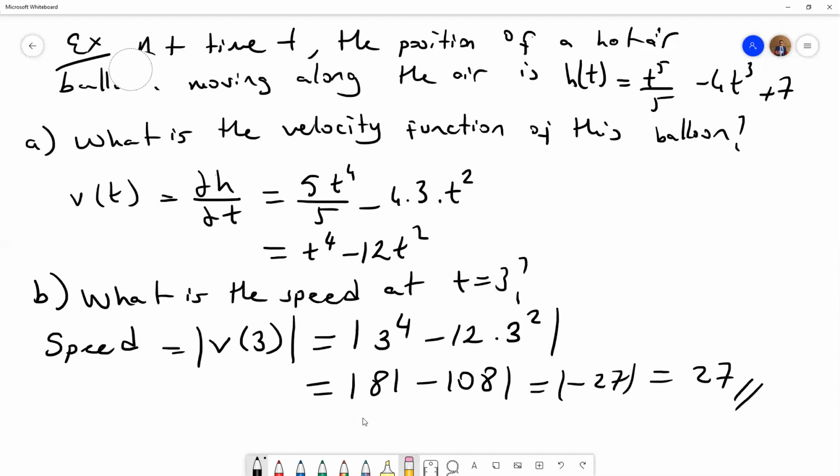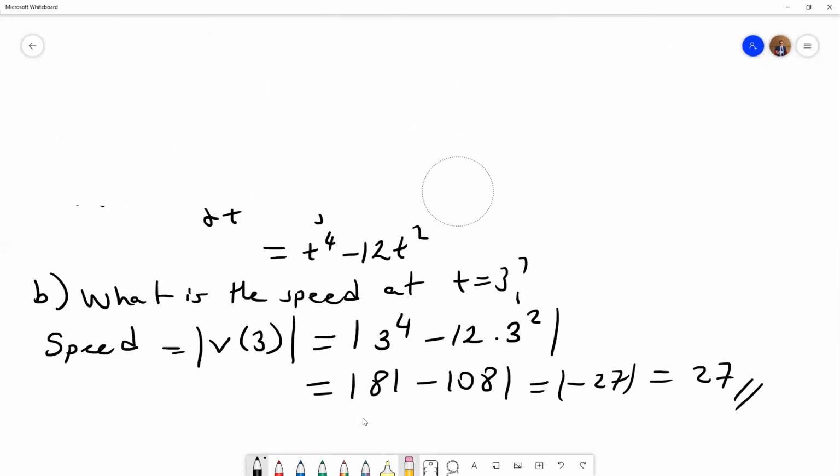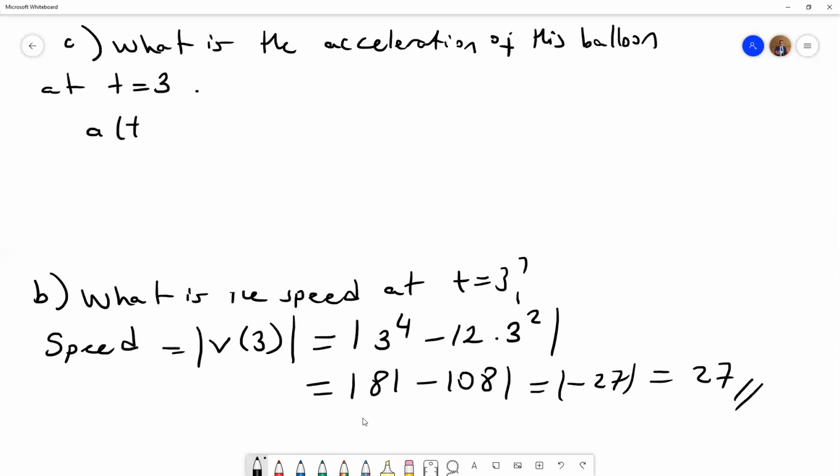And next one. Now the question is, what is the acceleration, of course, of this balloon at t is equal to 3 again? For this acceleration function, we have to find the derivative of velocity function with respect to t.